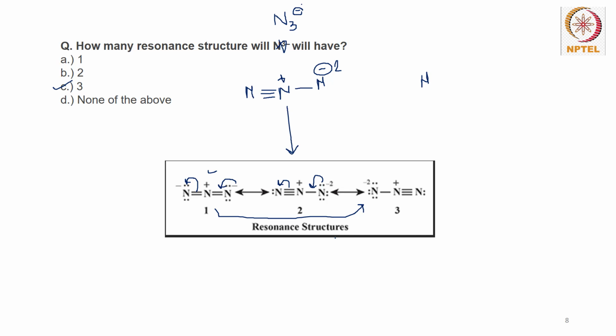So what is the rule? The structure where the charge is more delocalized, where the charges are not close to each other, the charges are separate from each other, will be more contributing. I am just giving an example. If you have some structure where the positive charge is here and the negative charge is here, and another structure where the negative charge is here and the positive charge is here, which one is more stabilized?